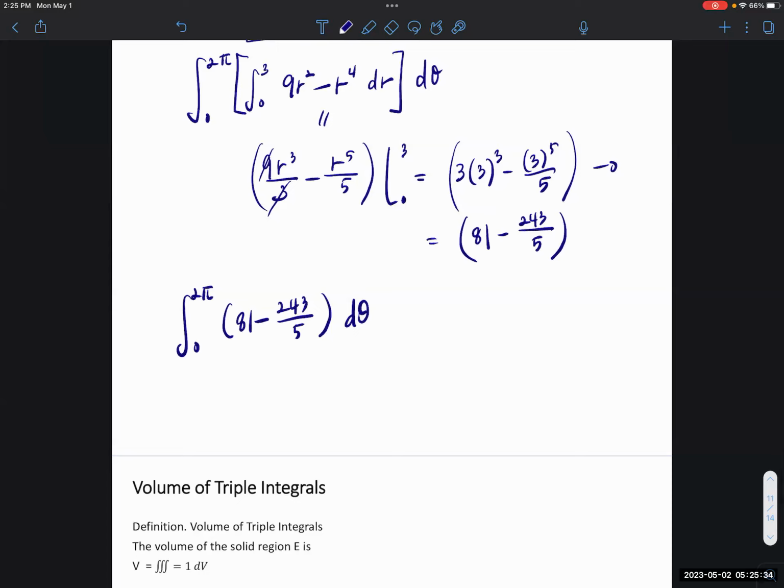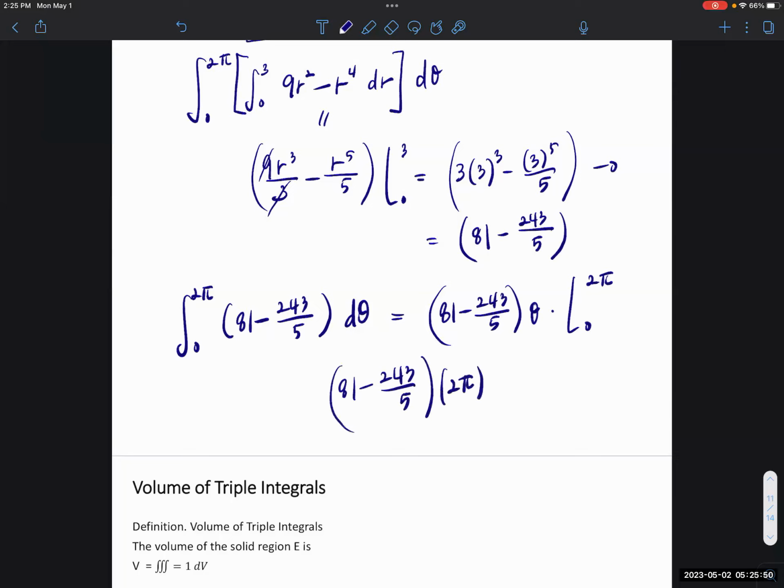So we can pull it out because it's constant. So 81 minus 243 over 5 times theta from 0 to 2 pi. If you're plugging in, it's times 2 pi, and then minus whatever, it's going to be 0. So the answer is going to be that. You can simplify or convert it to decimal.